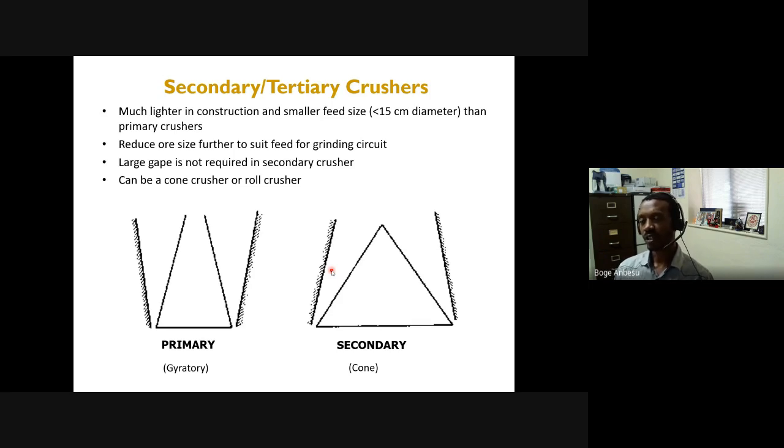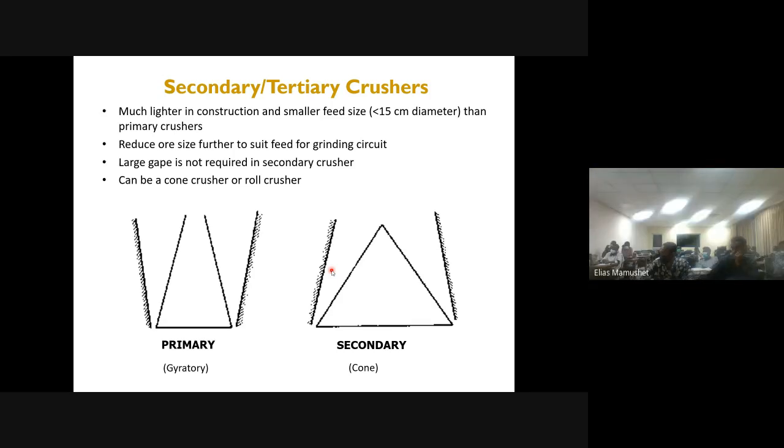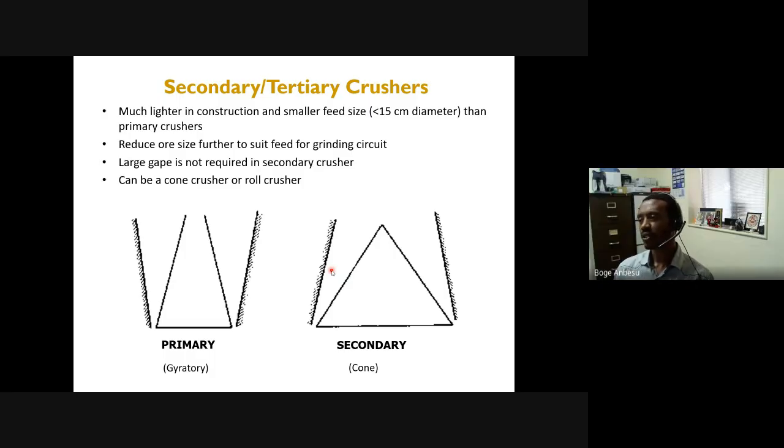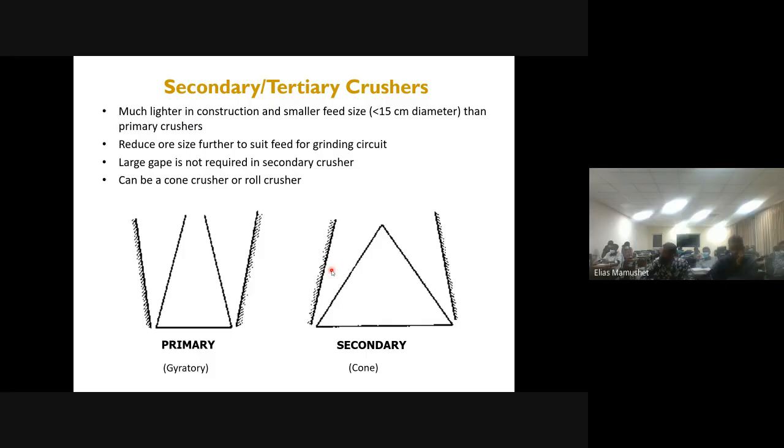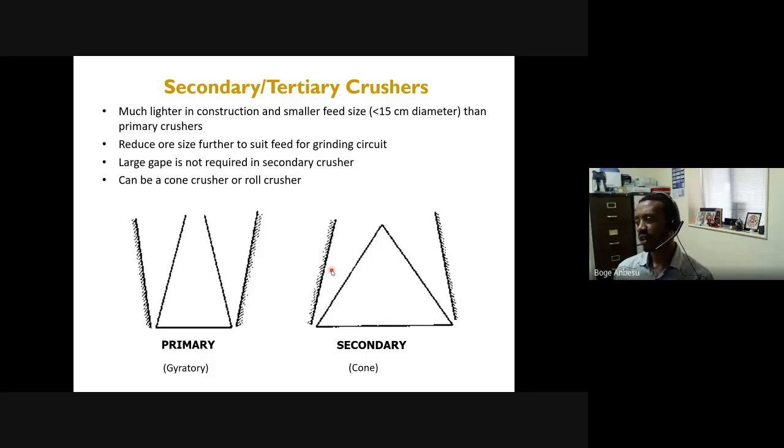So instead of having a gyratory, for example, gyratories are large in construction. The spindle is a lot more steep, you can actually modify that a little bit and create what we call a secondary crusher. And that secondary crusher, we call it a cone crusher, but the basic principle of operation is very similar to that of a gyratory crusher.